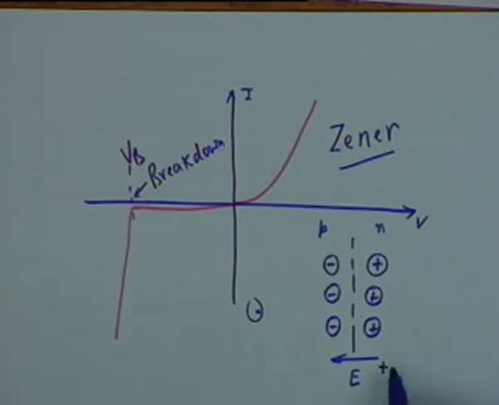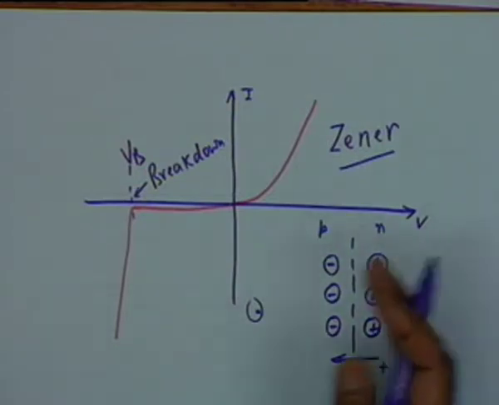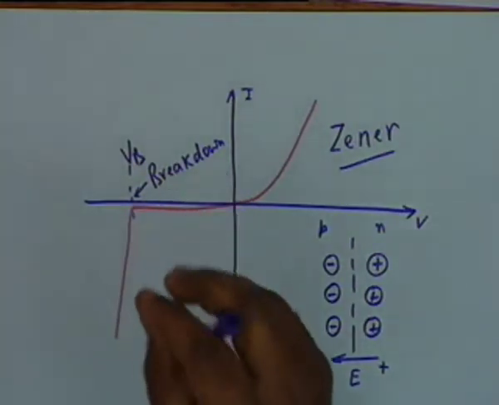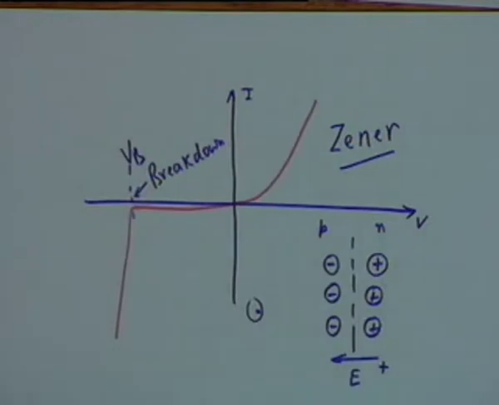These travel from the right side to the left side, and if the reverse voltage is high, a hole might acquire enough energy to set an electron free by colliding with a neutral silicon atom.